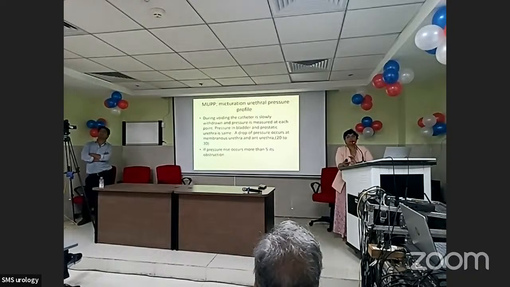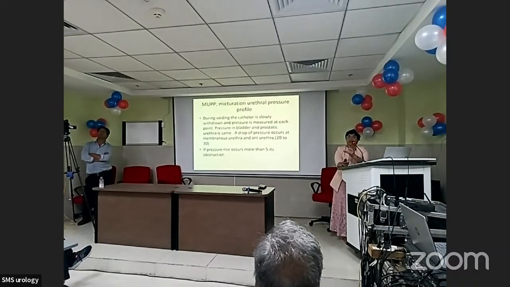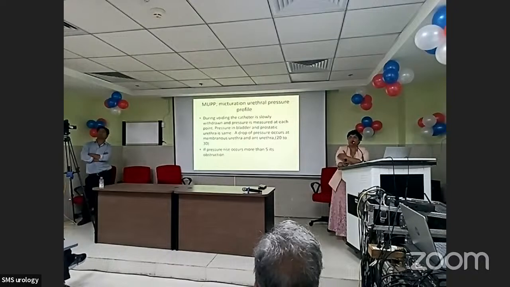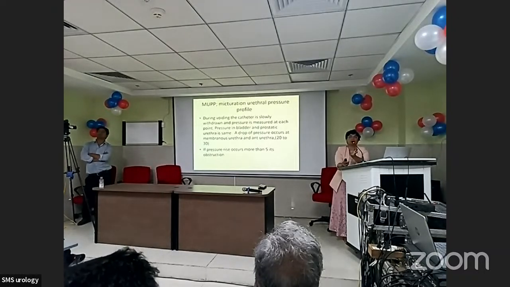Now, usually, when the detrusor contracts, the pressure in the bladder and the pressure in the prostatic urethra has to be same. Only then the flow will start. If one is high and the other is low, it won't start. When the detrusor pressure and the pressure in the prostatic urethra is same, the flow will start.